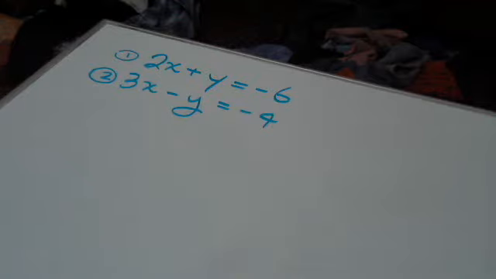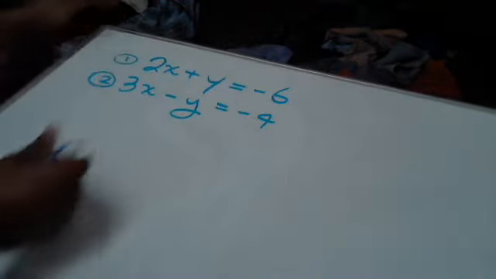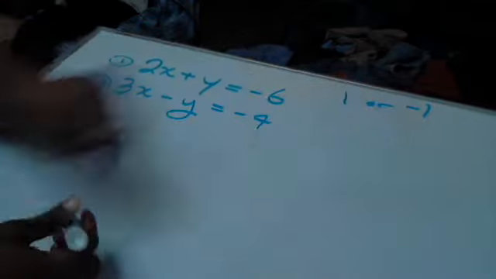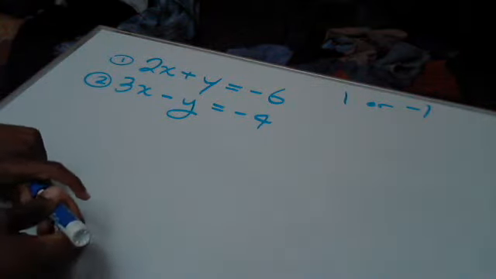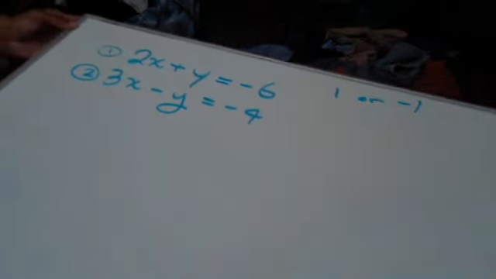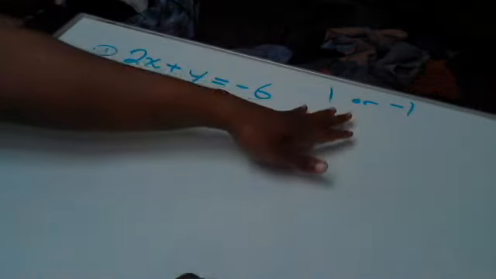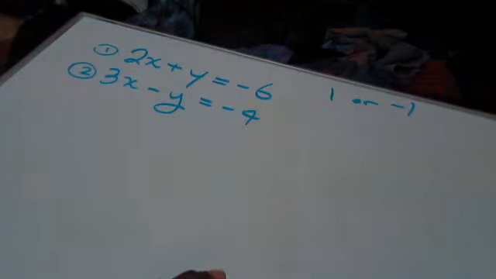When is the substitution method appropriate? The substitution method works best if you have any one of the variables with a coefficient of 1 or negative 1. And a 1 is preferred to a negative 1, but either one of these two will work. So, looking at our system, when I say 1 or negative 1, again, I'm talking about the coefficient for the variable.